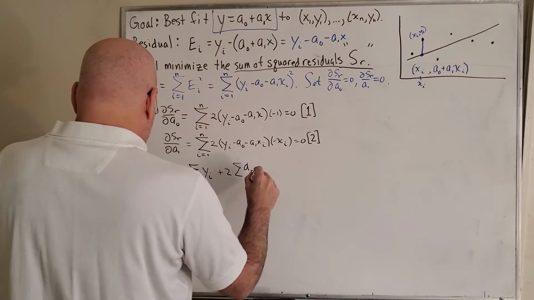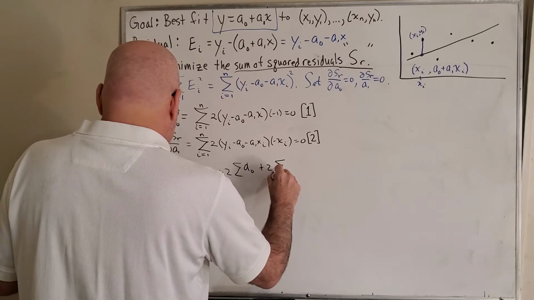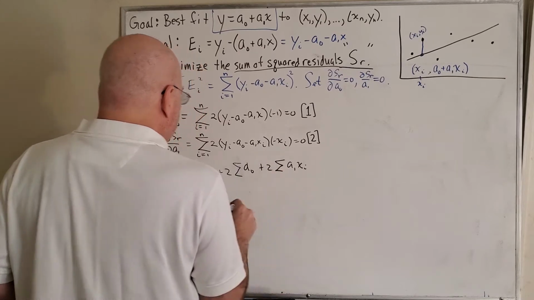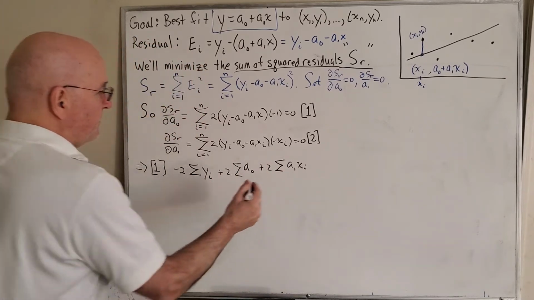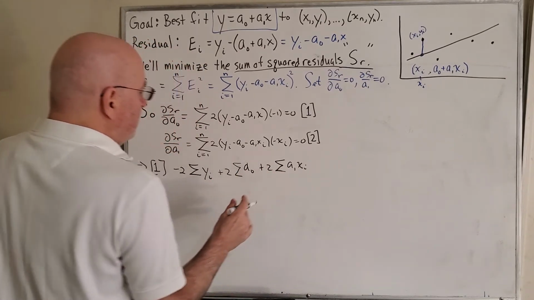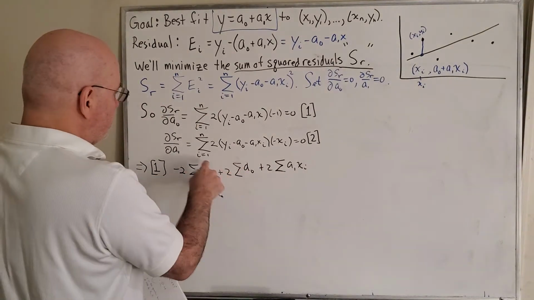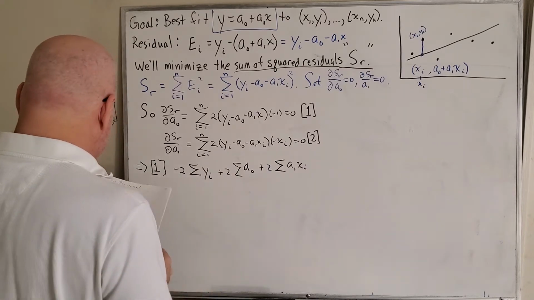A0, plus 2 times the sum of the A1 xi's. And I'm not going to write all of the limits on the summations. They all go from 1 to n. Every one of these summations goes i equals 1 to n.